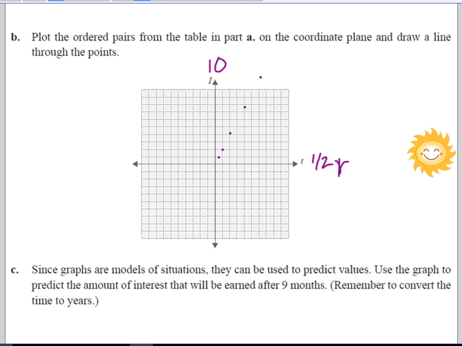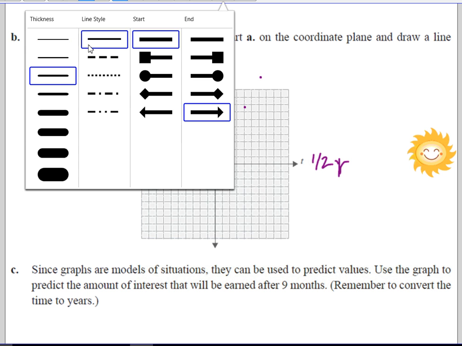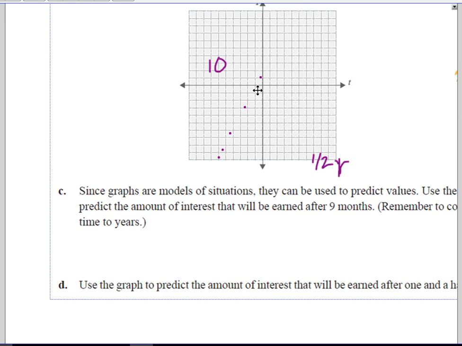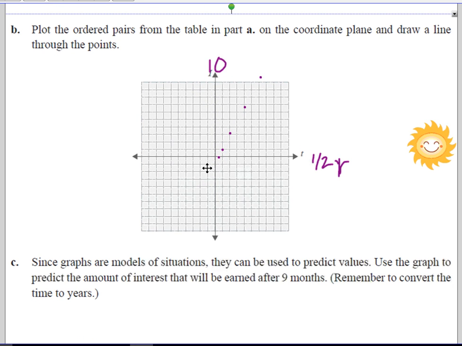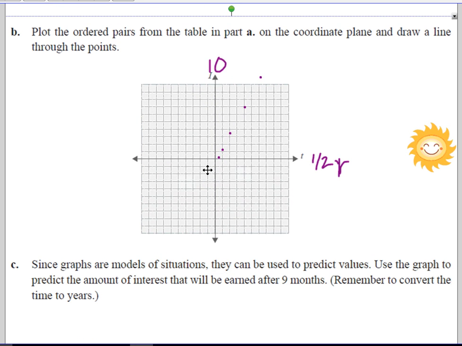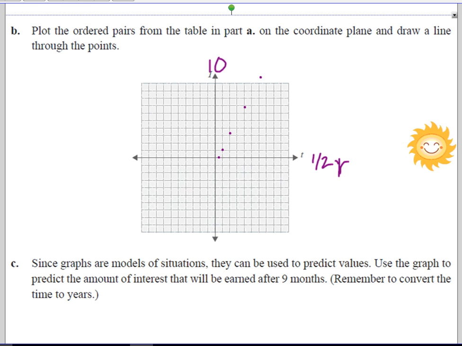And so our line, if we were to draw it, oops, that's not drawing, is it? Trying to get it to do it. We go up like this.